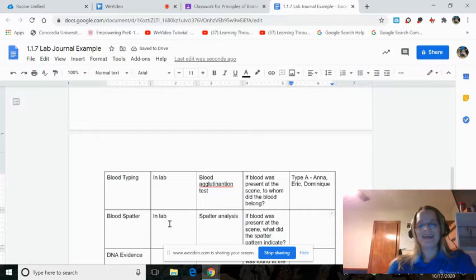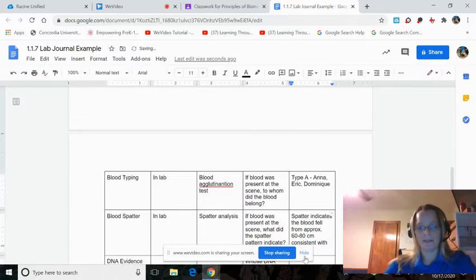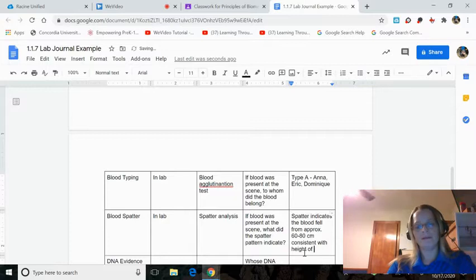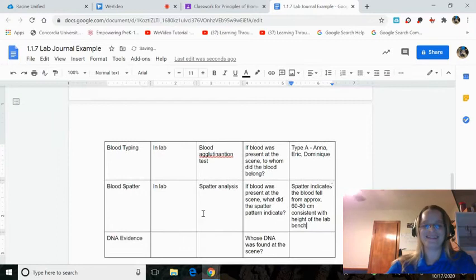The spatter indicates the blood fell from approximately, I think it was about 60 to 80 centimeters, consistent with the height of the lab bench she was working at.